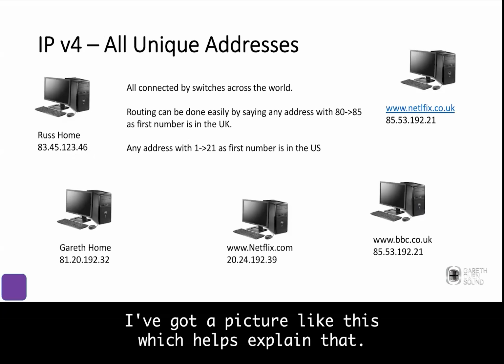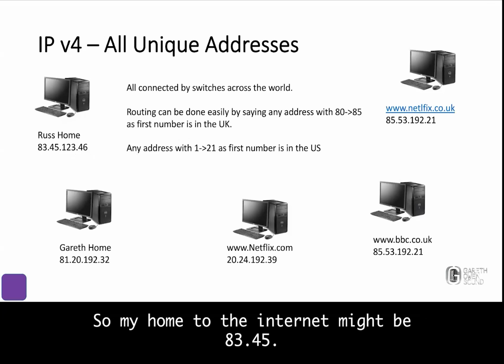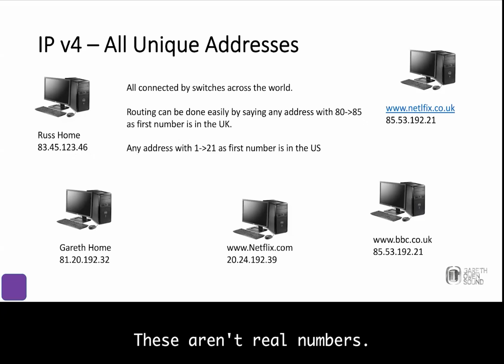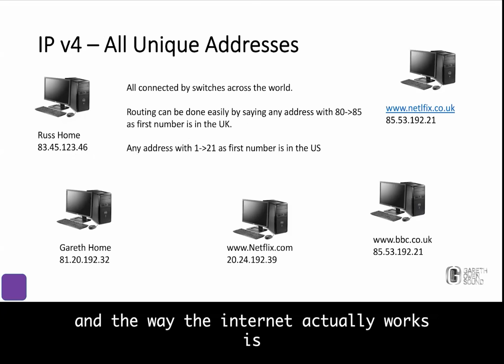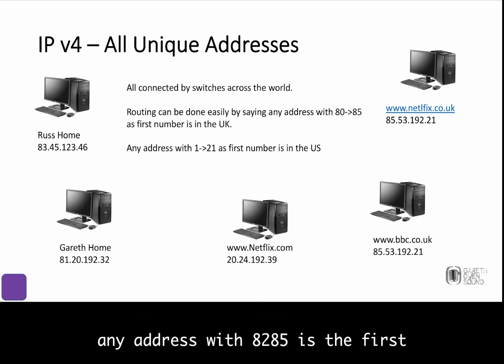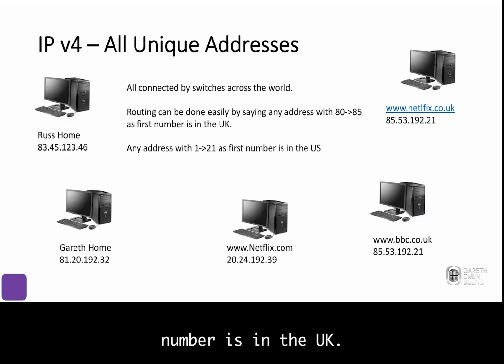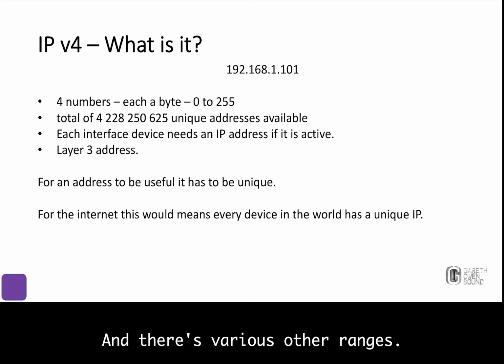I've got a picture like this, which helps explain that. So my home to the internet might be 83.45. Gareth's home, these aren't real numbers, so you can't do any nasty things to it. Gareth's home, Netflix, BBC. And the way the internet actually works is any address with 80 to 85 as the first number is in the UK. Any address 1 to 21 is in America. And there's various other ranges.